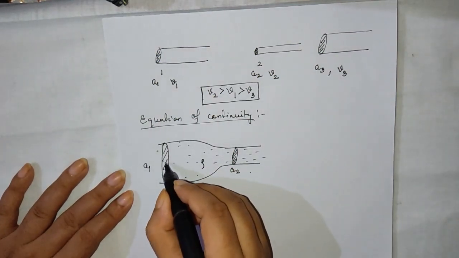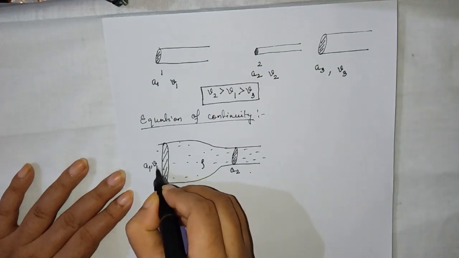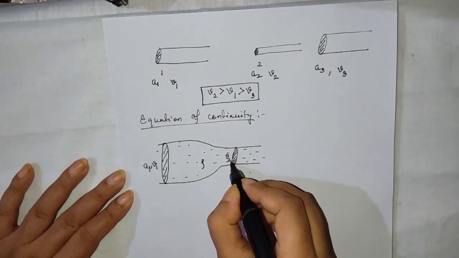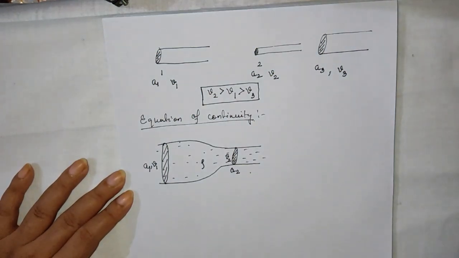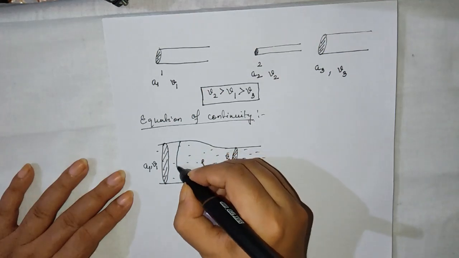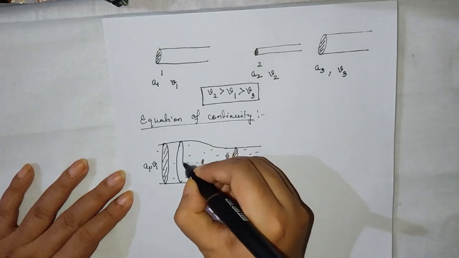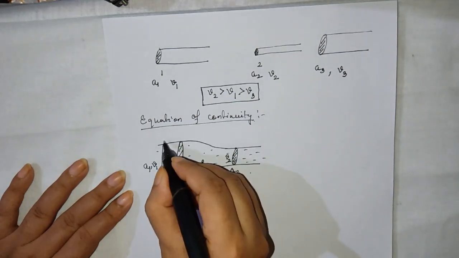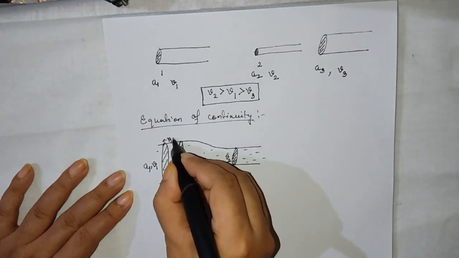Here the water is moving with velocity V1 and here with velocity V2. In time delta t, the water is going to cover a certain distance, and distance is nothing but velocity multiplied by time. So this distance is V1 delta t.